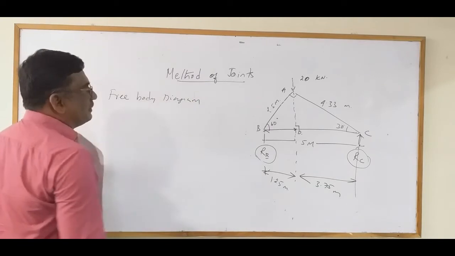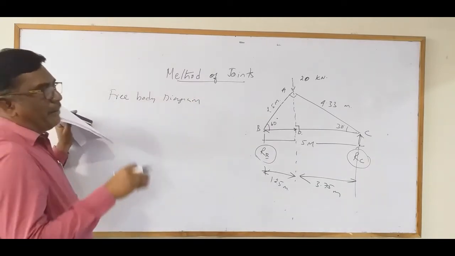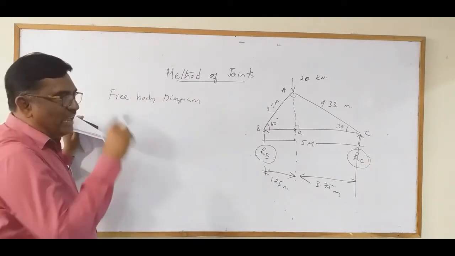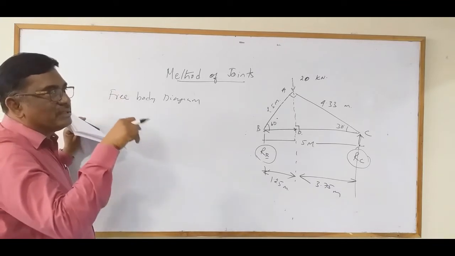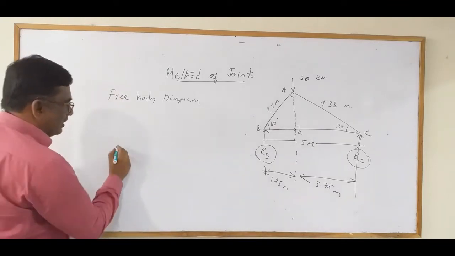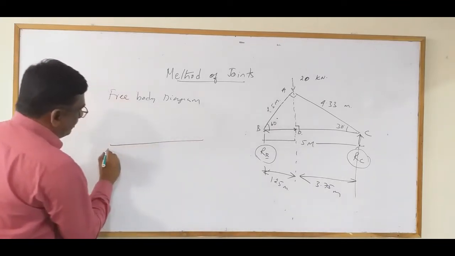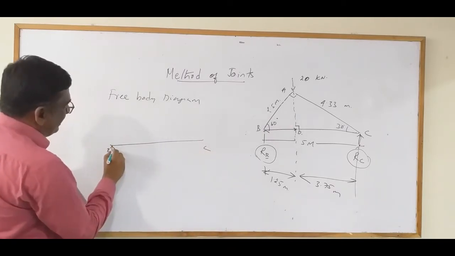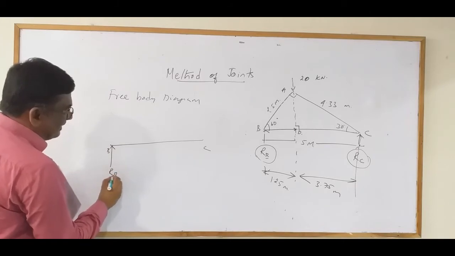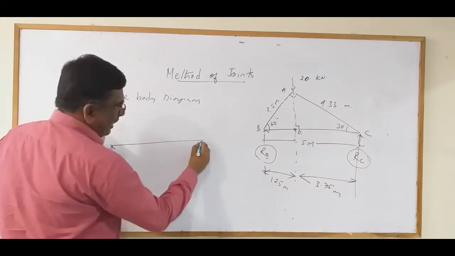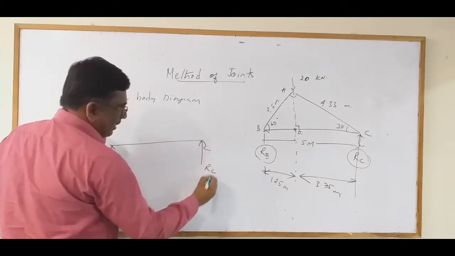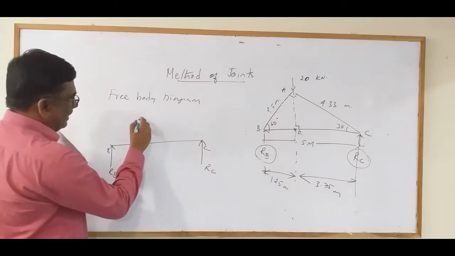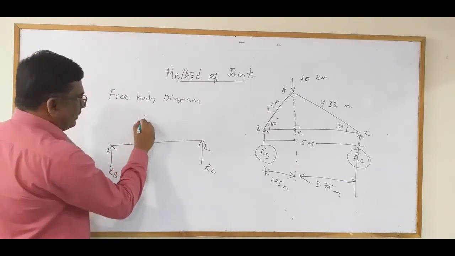Free body diagram is nothing but a line sketch representing the forces and the required points. Now this is BC, remember BC, and one force is acting here. So the reaction will be considered as an upward force. The other reaction here is RC, and the downward force 20 kilonewton is acting here.